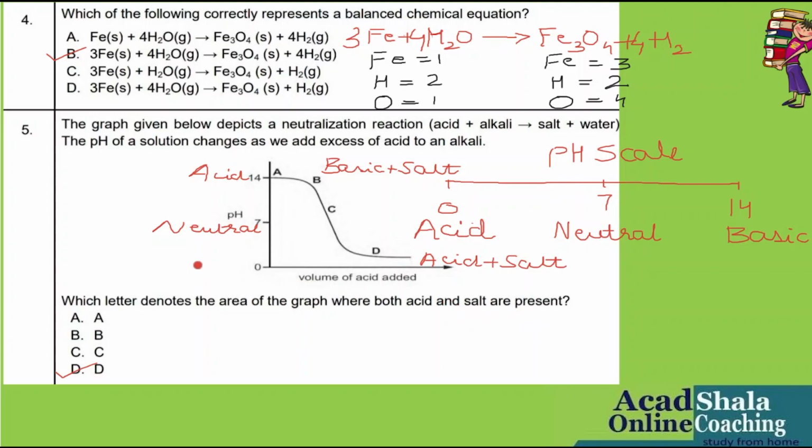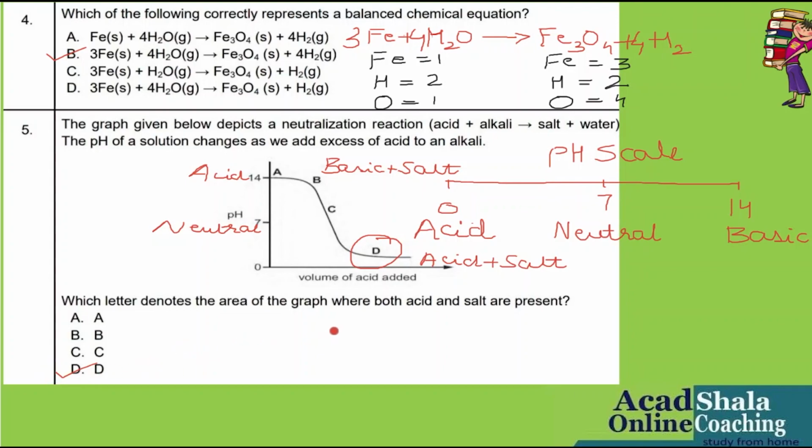Okay, I've studied in detail. So that means this is the D point where acid and salt are present. On adding acid, starting from the basic, going towards neutral, and then going towards acid and salt. So the best correct appropriate option will be D, which I have tick marked.